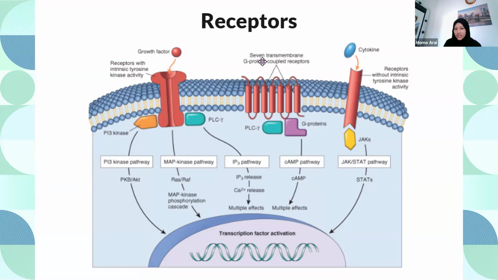So, G protein coupled receptors, we said receptors with its own tyrosine kinase activity and receptors without its own tyrosine kinase activity. Without its own means that other tyrosine kinase factors might help to process the cytokine or growth factor, okay? I hope that made sense.